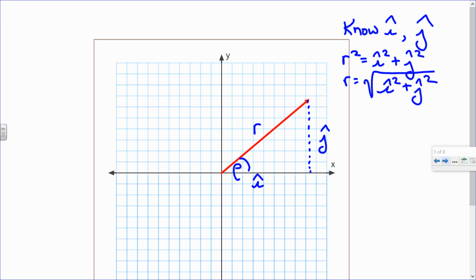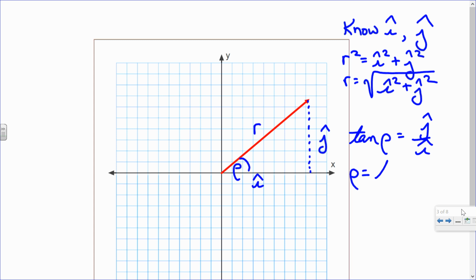Tangent, because it's opposite and adjacent. So I can say that the tangent of rho is j hat over i hat. So rho will be the inverse tangent of j hat over i hat.